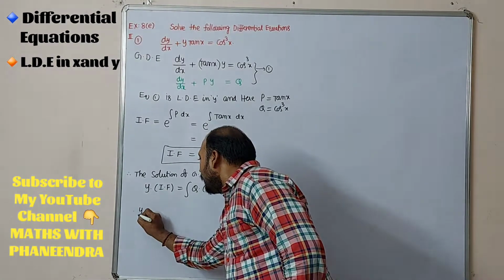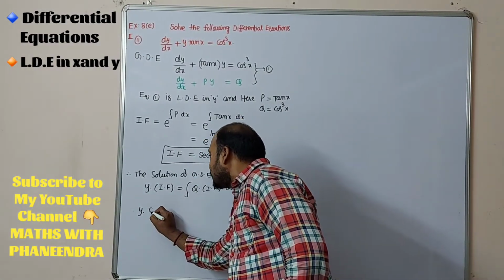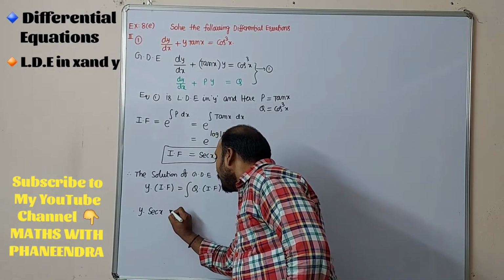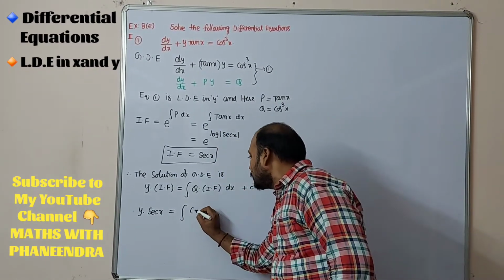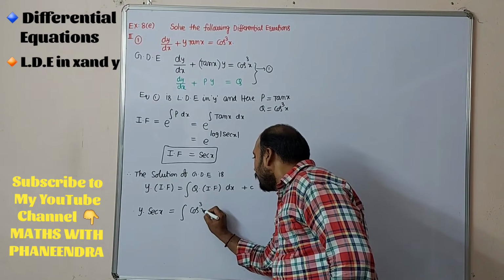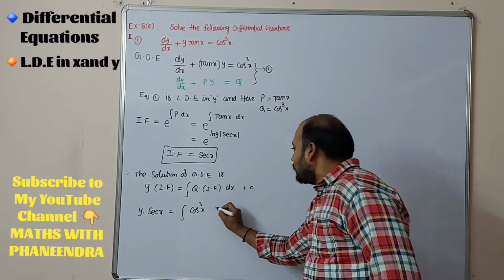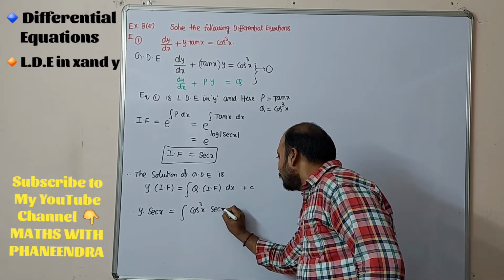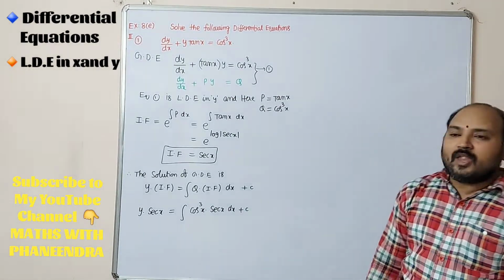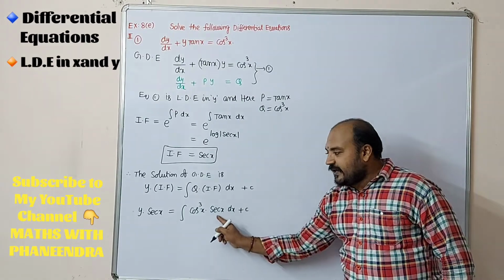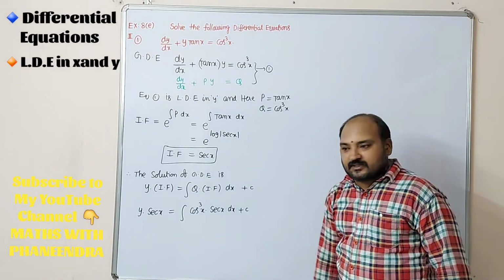y into, what is the integrating factor here? Secant x, is equal to integral Q. Q value is what? Cos cube x, into integrating factor secant x into dx plus c. In the next step, secant x can be written as 1 by cos x.